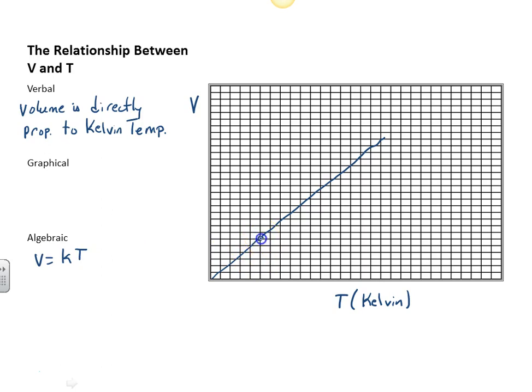Now, we also know, sort of like we did in the last one, that if we find the slope at 2 points, then if we rearrange this equation, K is equal to V divided by T. So K1, at point 1, is equal to volume 1 over T1, and the slope at point 2, K2, is equal to volume 2 over temperature 2.